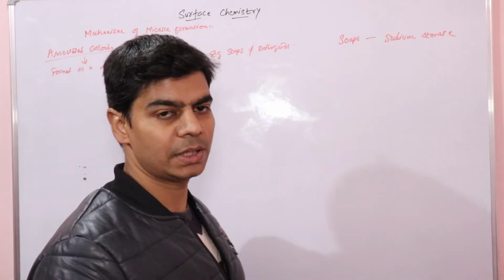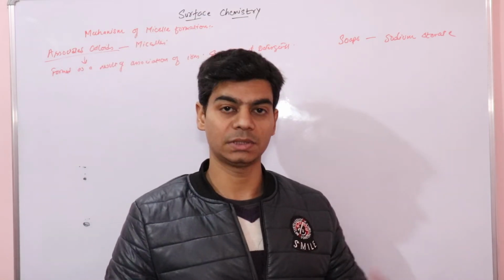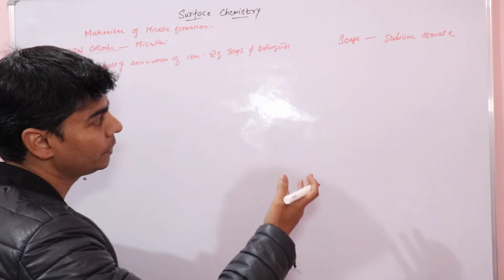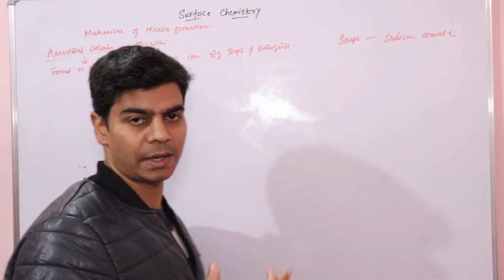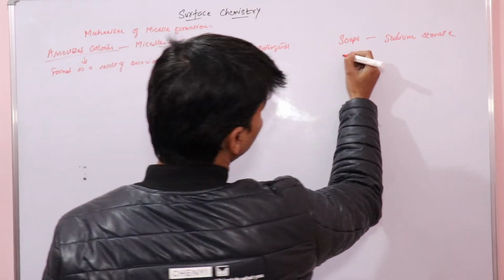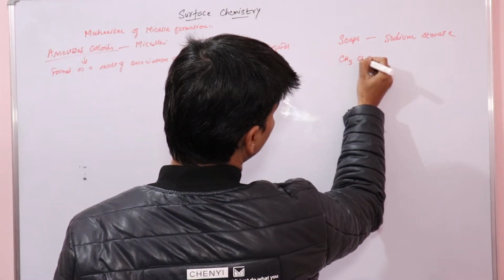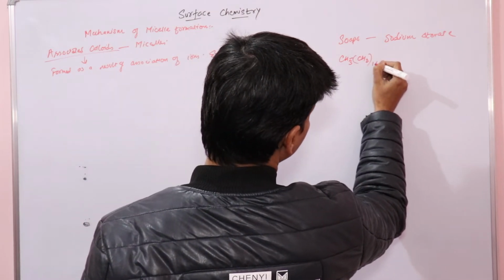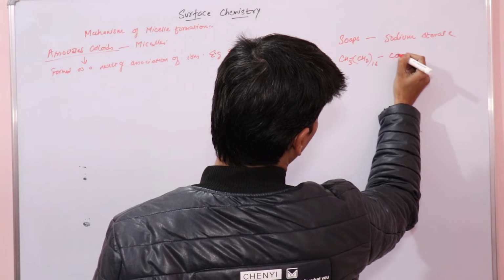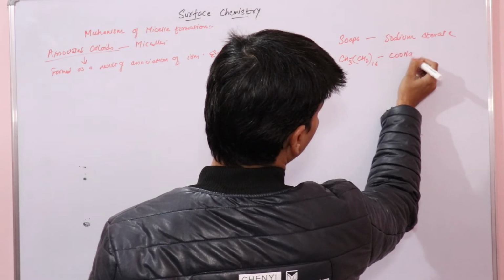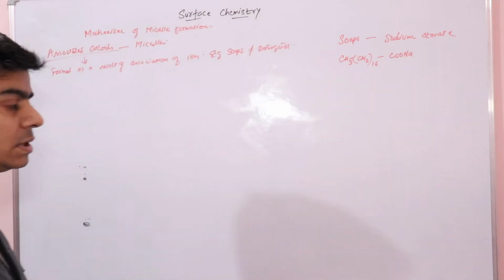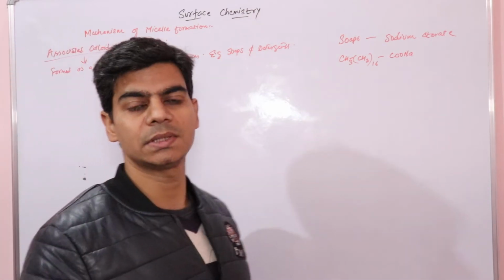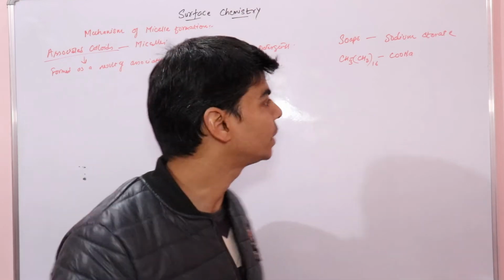Sodium palmitate is made from palmitic acid, a higher fatty acid, and sodium hydroxide, and sodium stearate is formed from stearic acid and sodium hydroxide. So this is CH3 (CH2)16 COONa. This Na is from sodium hydroxide. Stearic acid and palmitic acid are higher carboxylic acids.